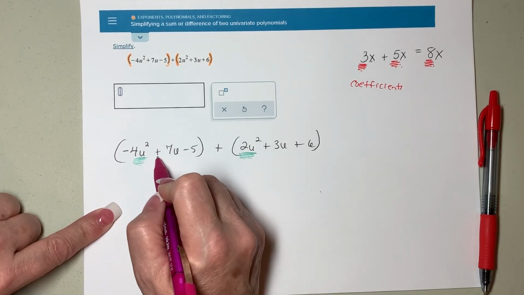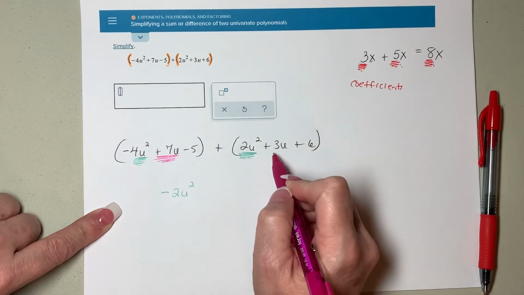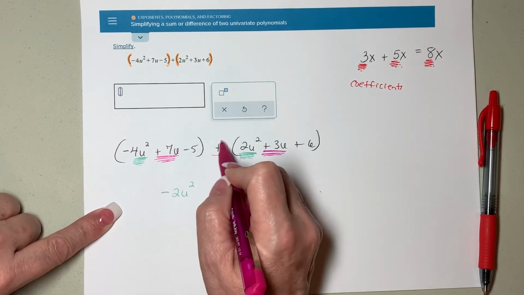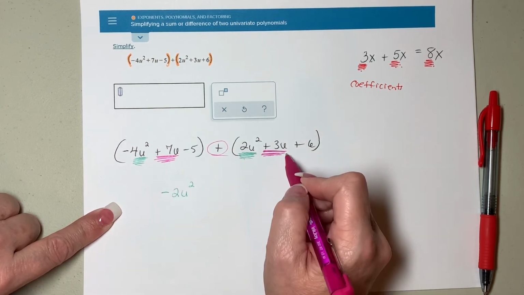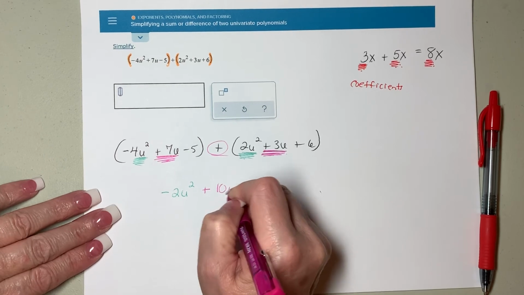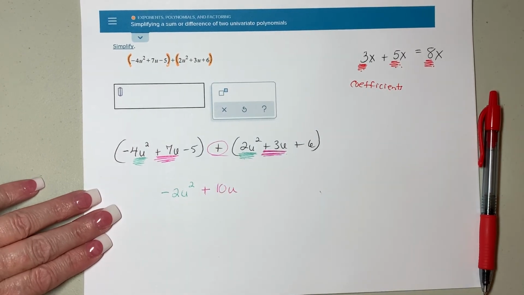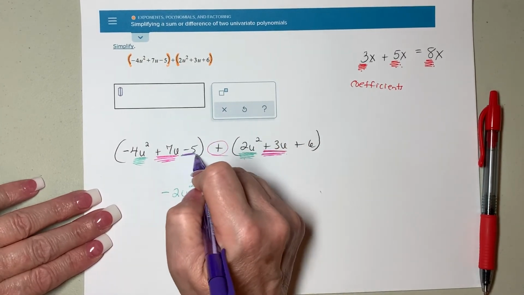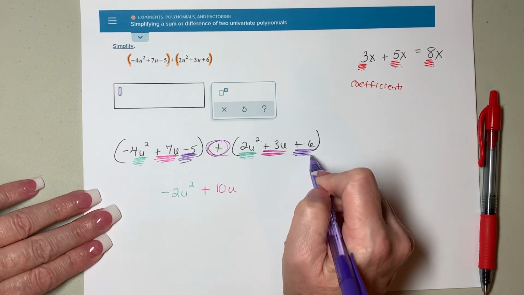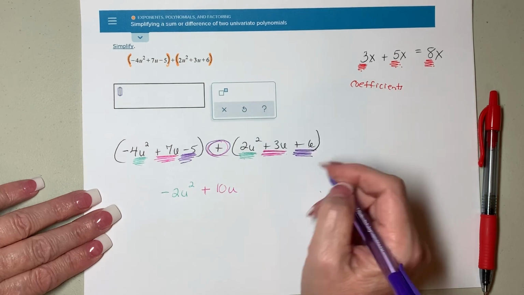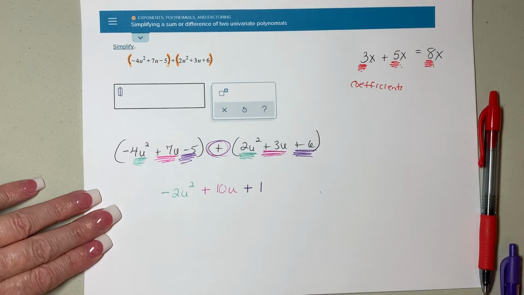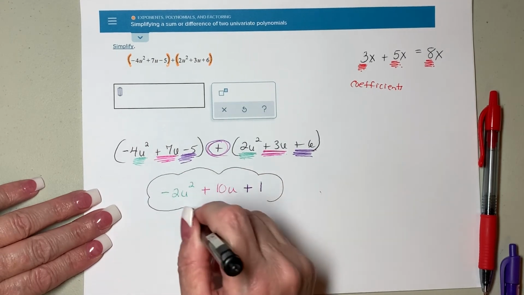Then I've got a plus 7u and a plus 3u. And I'm adding those together. 7 u's here, 3 u's there, that's 10 u's, and since they're positive, I'll just put plus 10u. And then last, I've got a negative 5 plus a positive 6. Negative 5 and a positive 6 adds up to a positive 1, so I'll put plus 1. And that is my answer.